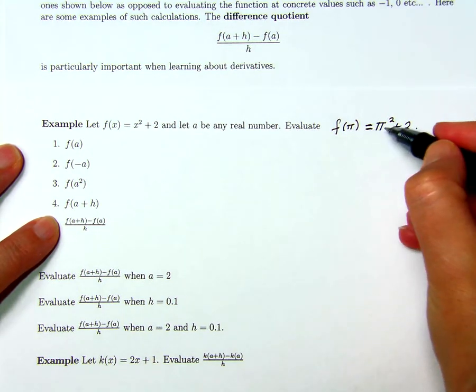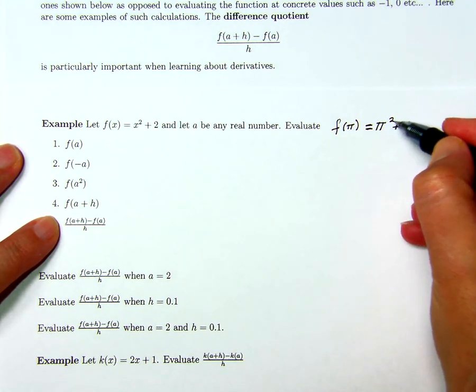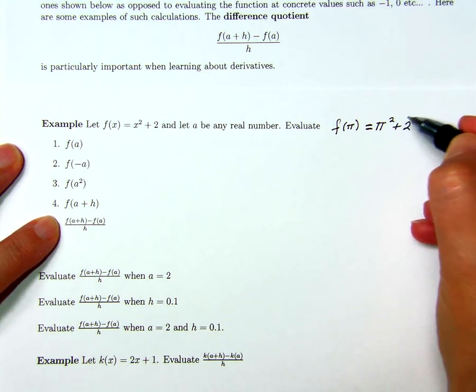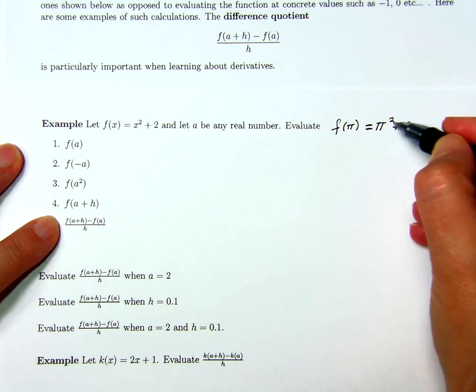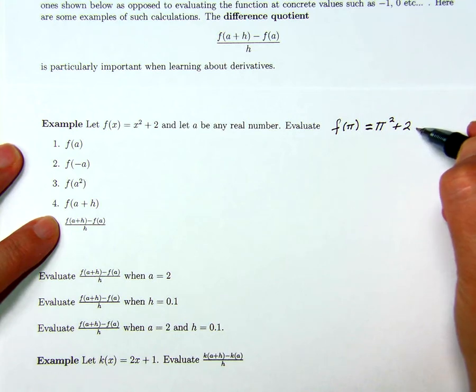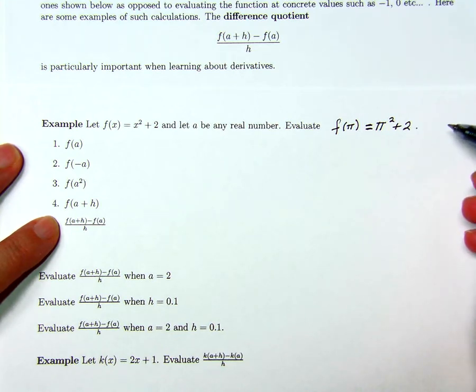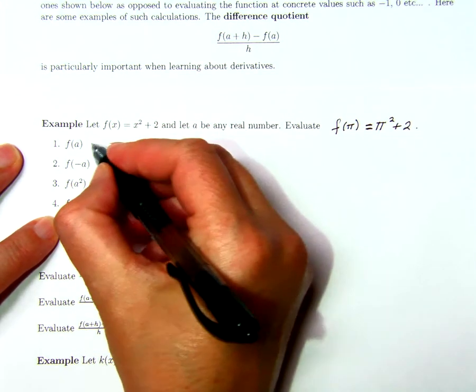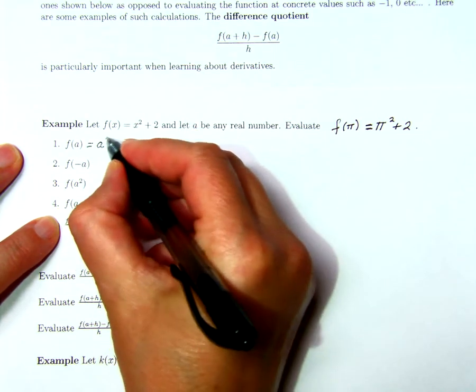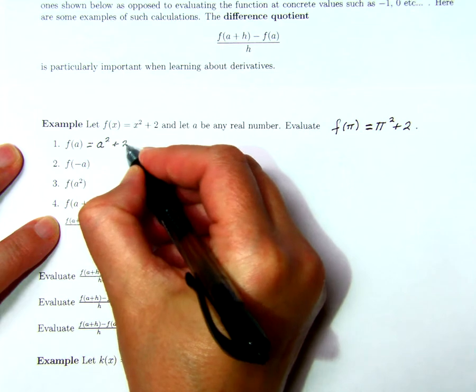Now pi is a concrete number, but we have to write the result in terms of pi, because pi is not something we can write down with finitely many decimal places. In the same way, a is any real number, and whatever it might be, f of a is a squared plus 2.